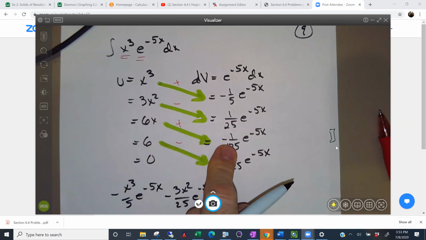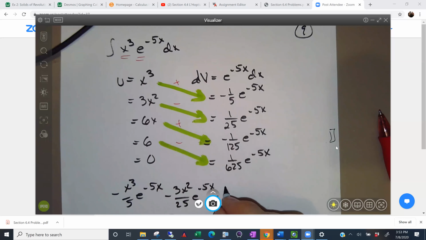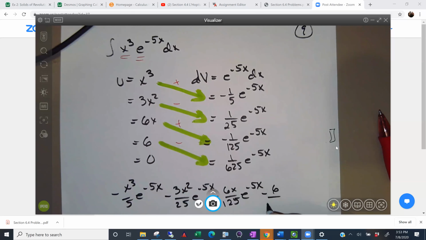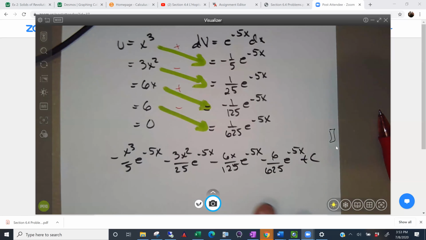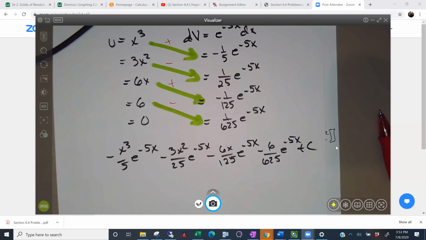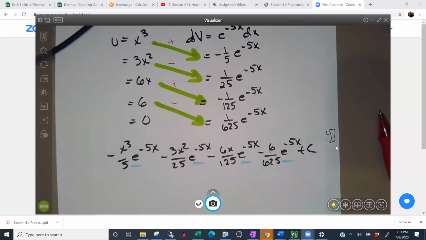Positive times a negative, no, that'll be negative again. So negative 6x over 125 e to the negative 5x. The last one is negative 6 over 625 e to the negative 5x. After all that lovely work, please don't forget your constants. Now, if you wanted to, there's the greatest common factor that you could factor out, but I'm not going to bother.